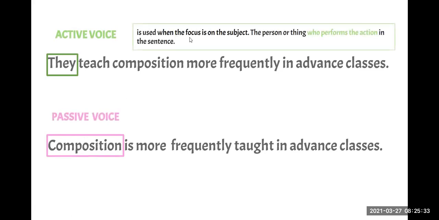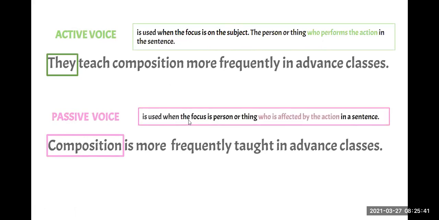The active is used when the focus is on the subject, the person or thing who performs the action in the sentence, and the other one is used when the focus is on the person or thing who is affected by the action in the sentence. For example, in this one, composition is the thing that is affected by the action of teach, right?